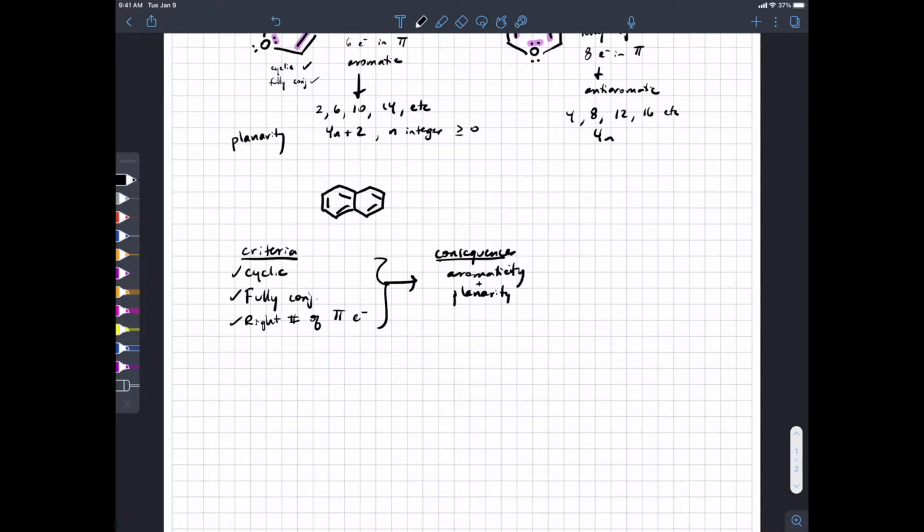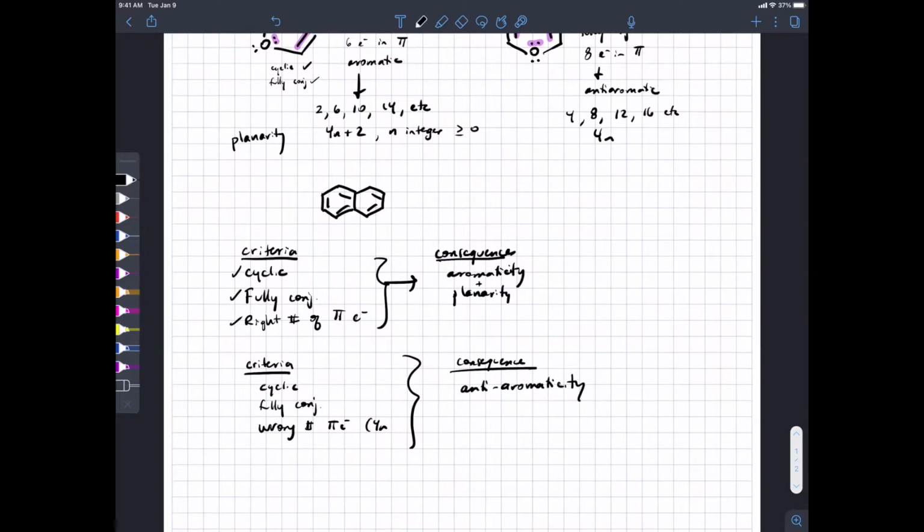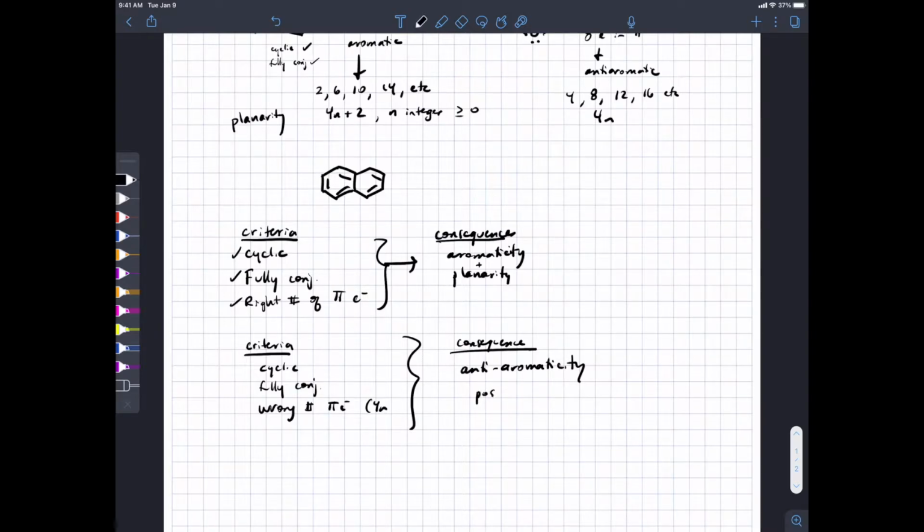Similarly, if you are cyclic and fully conjugated, but have the wrong number of pi electrons, that is 4n, then the consequence is anti-aromaticity, and possibly not planar.